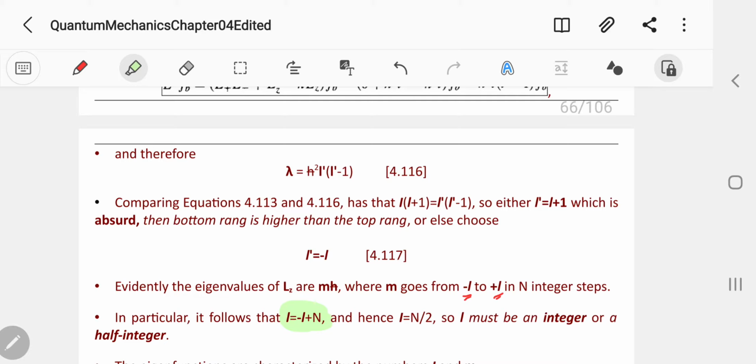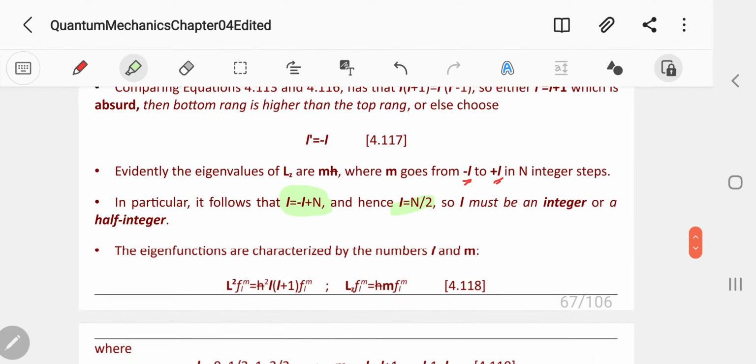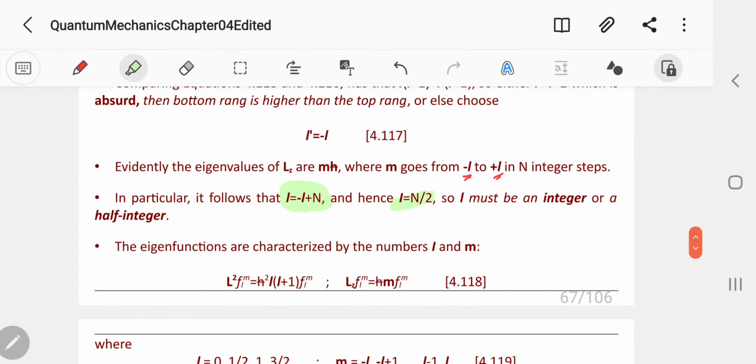Hence L is equal to n over 2, and L must be an integer or a half integer. So if you have a half integer, you would have an even number of energy states.